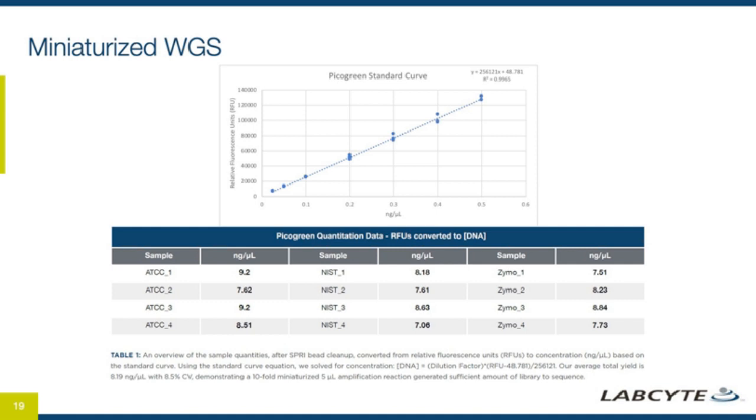And so there is no serial dilution involved in this. I simply just asked the Echo to transfer the amount of total DNA to hit each of these points. And so you'll see at the bottom that our yield, despite a miniaturized reaction, was still very good. We were able to get an average total yield of about 8.19 nanograms per microliter, and the CV is about 8.5%.